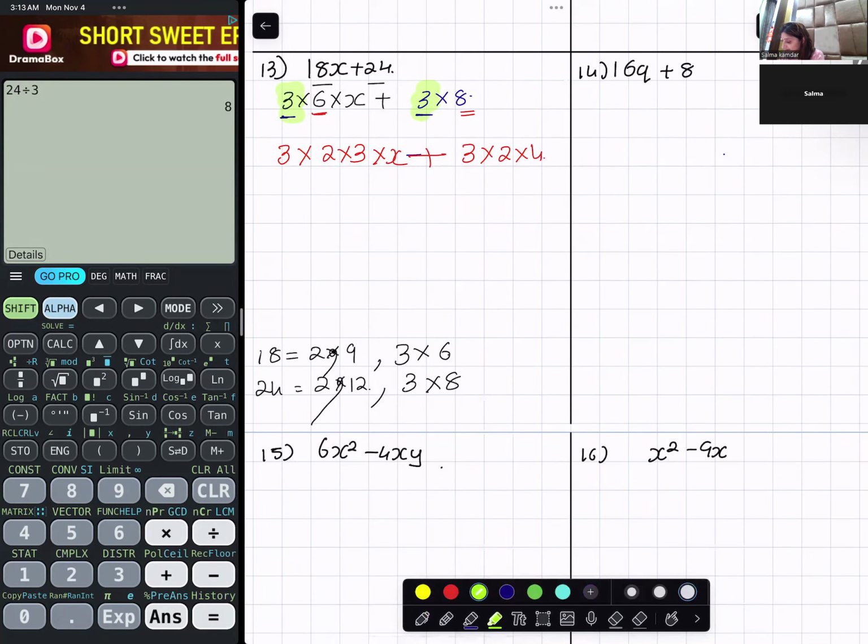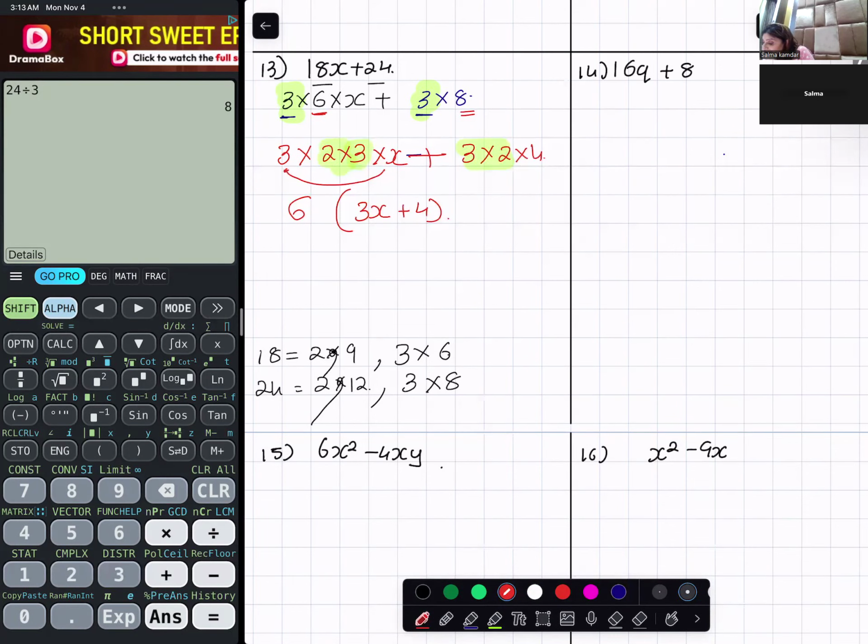Now see the common factor. Common factor is 3 and 2. 3 and 2, 6. So common factor is 6. 6 would be outside the bracket. Everything else, that is 3x plus 4, inside the bracket.